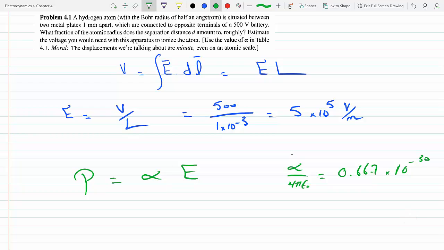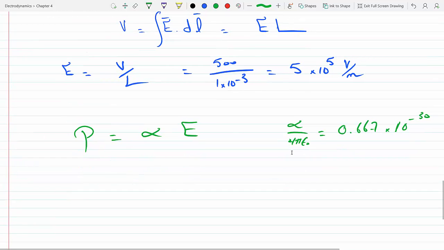Don't forget to multiply by 10 to the minus 30, because the table description says the units are 10 to the minus 30 meters cubed.